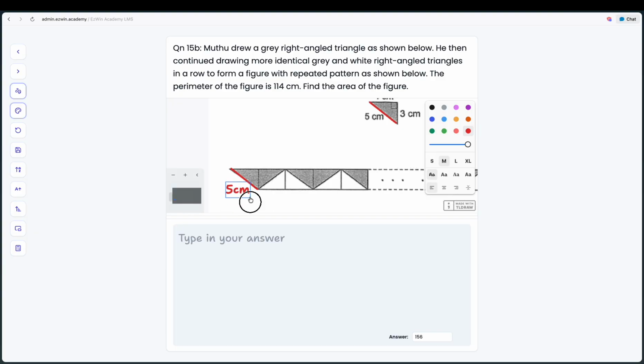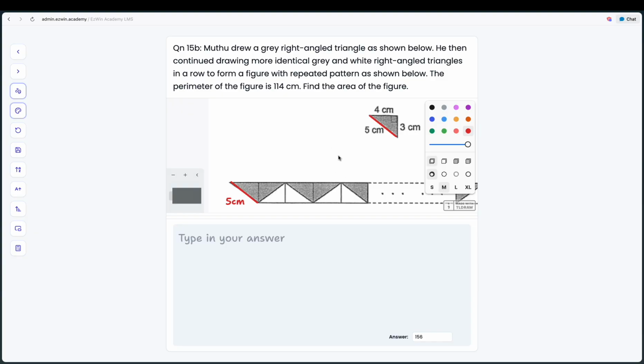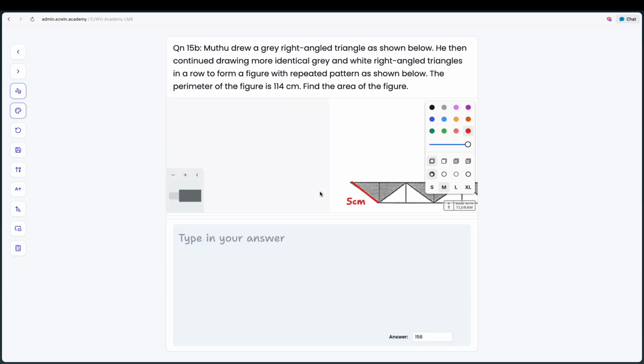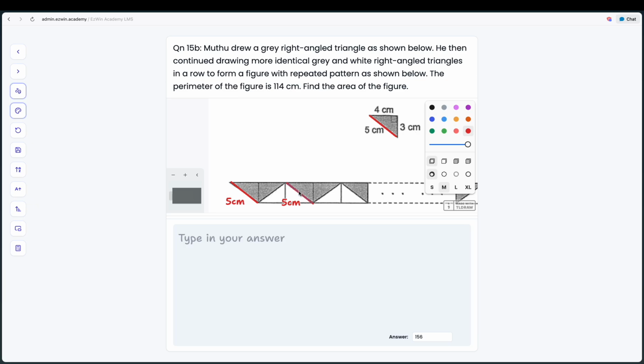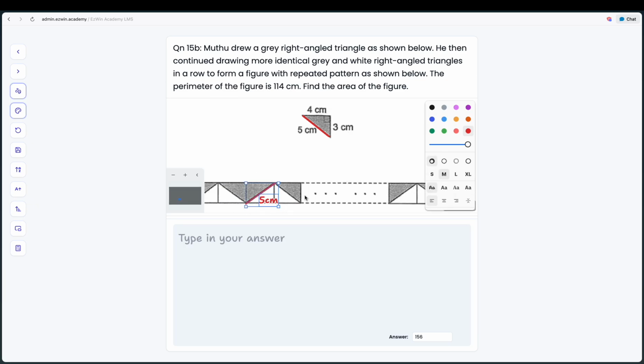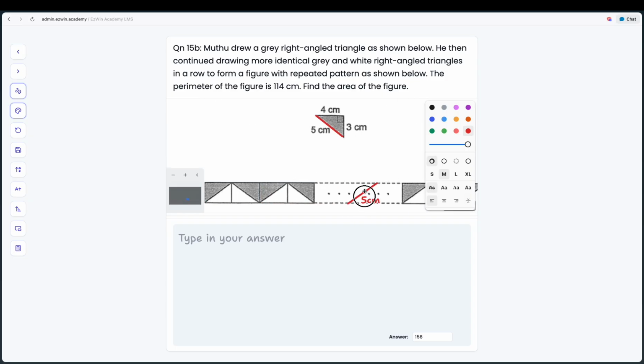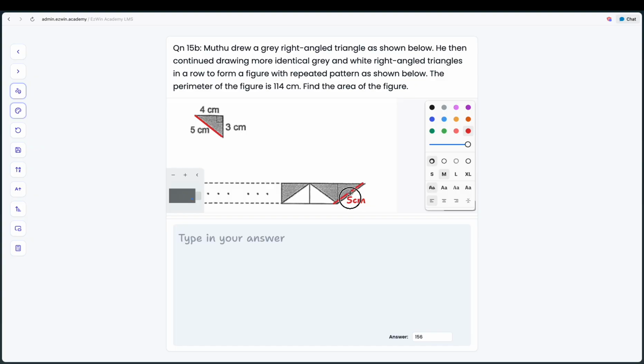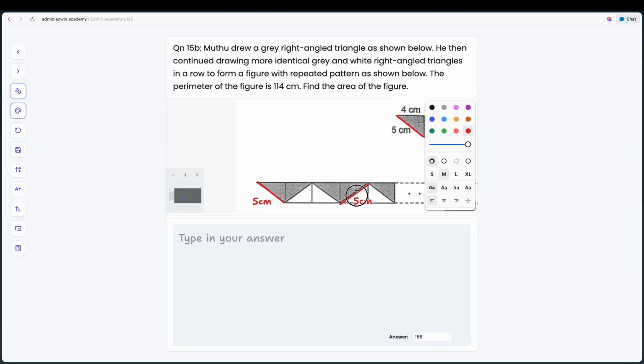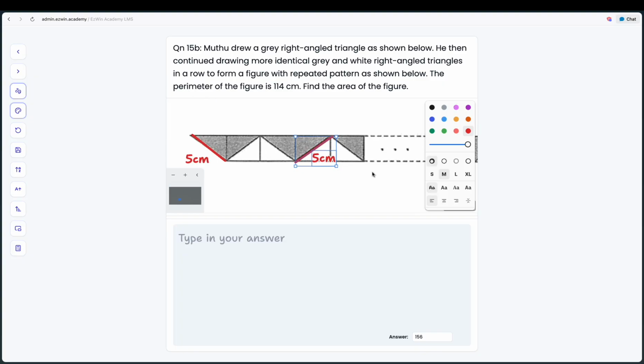I want to make a smaller version of this whole figure. If we have 5 centimeters over here, then we also end on the other side as 5 centimeters, because over here is also 5 centimeters. So if I were to drag this, it's 5 centimeters. But I want a smaller version because it's easier to understand how to calculate the number of triangles.